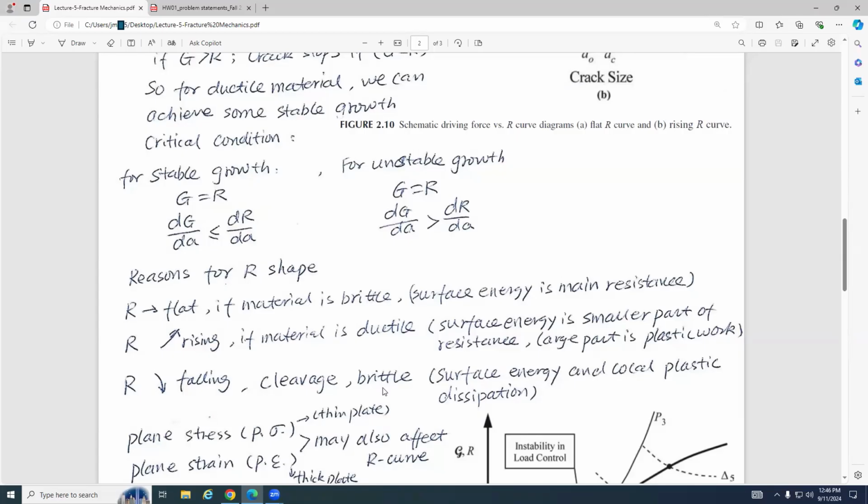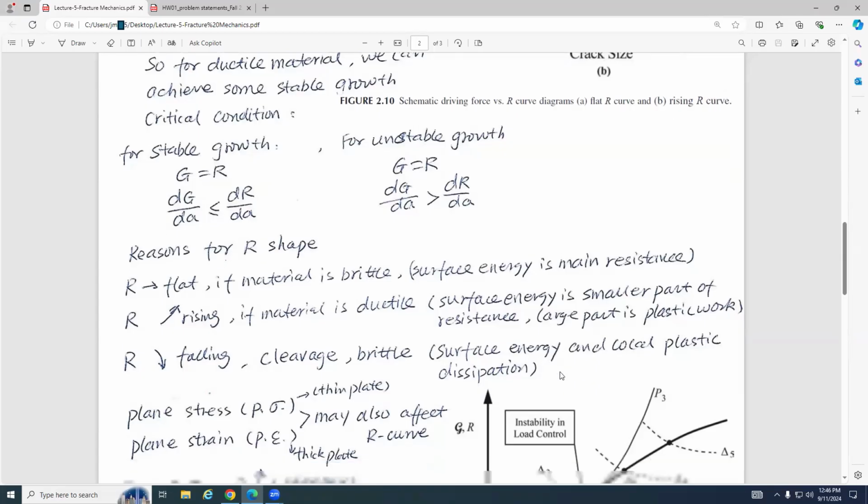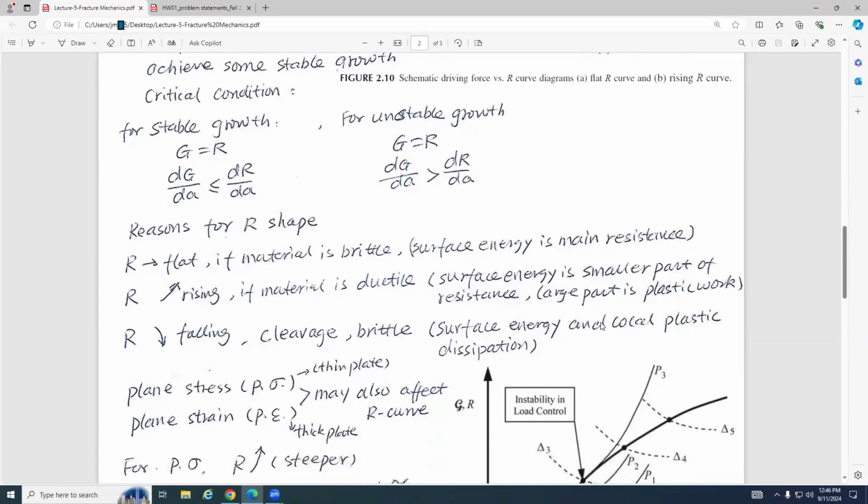However, for brittle material, if we have surface energy and also local plastic dissipation, R is going down, R is falling. If this is the case, that is a disaster.